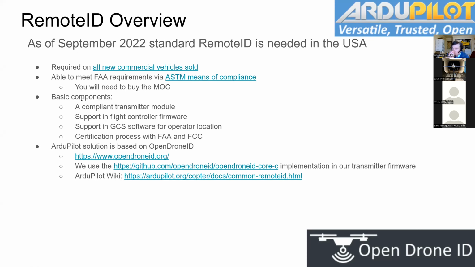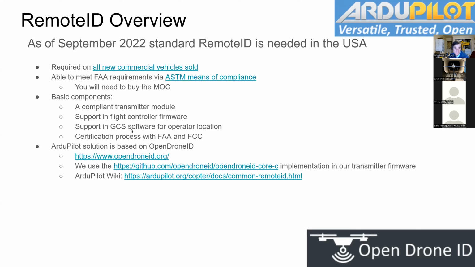Basic components of that compliance: you need a compliant transmitter module, which will transmit Bluetooth and/or Wi-Fi packets. Some more details on those packet specs later in the call. You'll need support in the flight controller firmware to be able to communicate with the transmitter module to set up all the required data that the transmitter module needs to transmit.